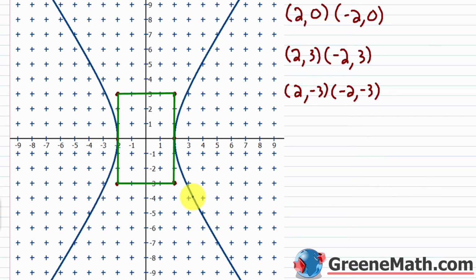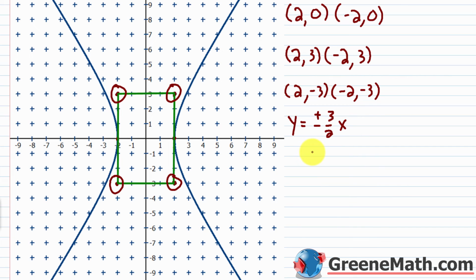Once this is drawn, I can extend my asymptotes from the diagonals. From here and here, I could make a line going through that, and from here and here, I can make a line going through that. Or I could just find the equation. We found that it was y equals plus or minus 3/2 x.